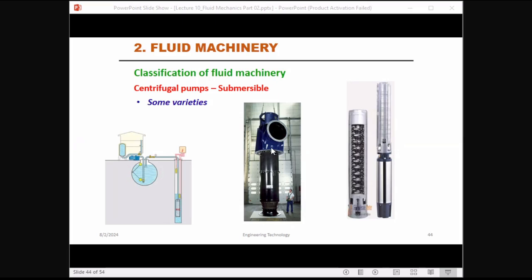We can also control flood areas using this submersible pump. These are the applications.